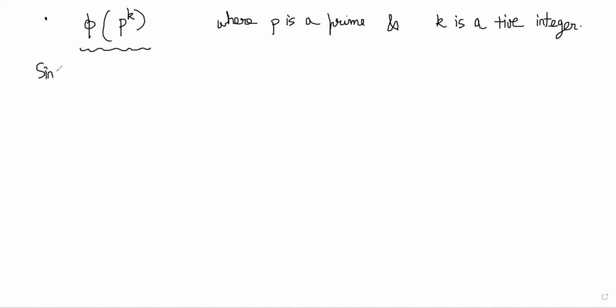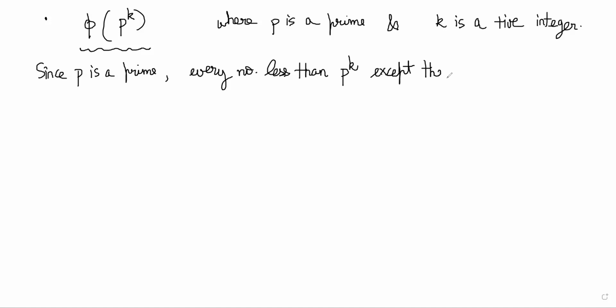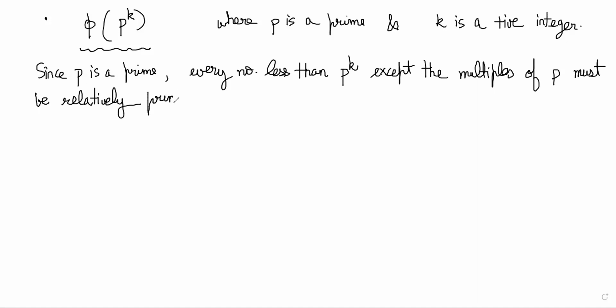Since p is a prime, every number less than p power k except the multiples of p must be relatively prime to p power k.